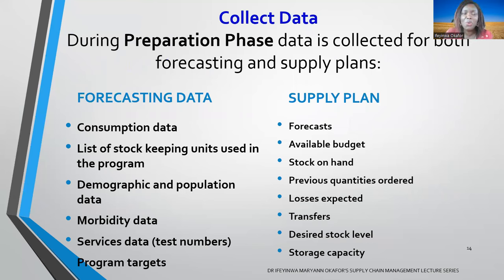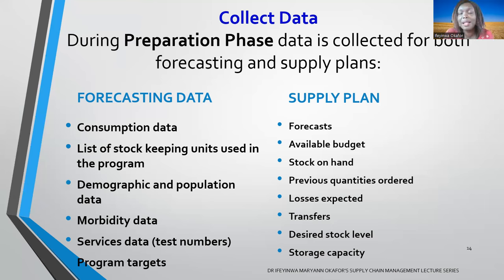And for forecasting, we have data like consumption data that should be collected at this stage, list of stock keeping units used in the program, demographic and population data, morbidity data, service data, which include number of tests that you've done in your facility, and program targets.